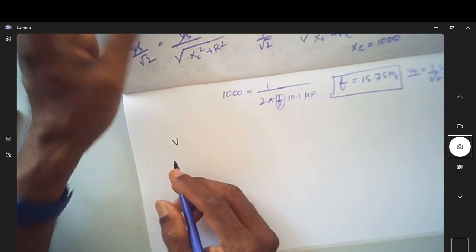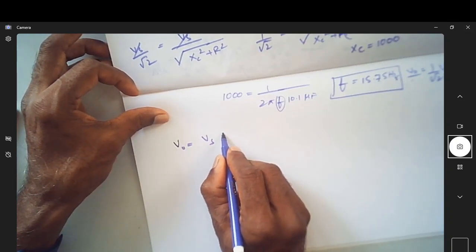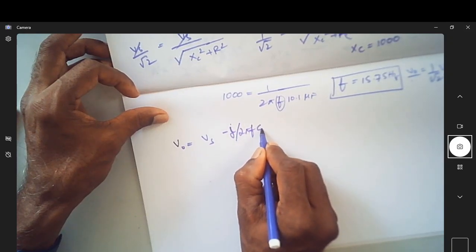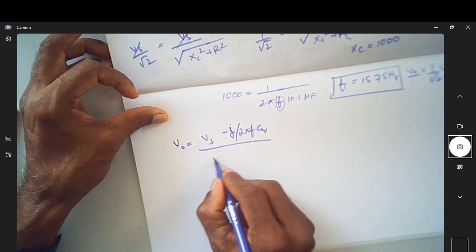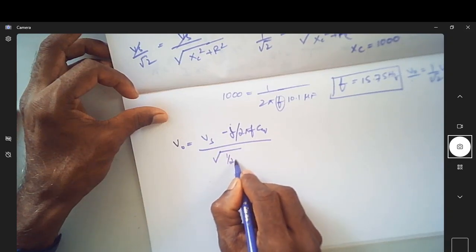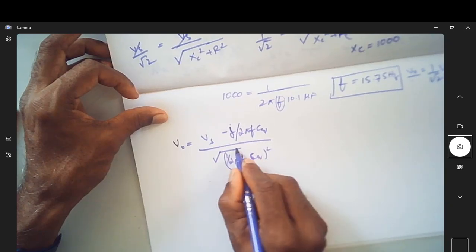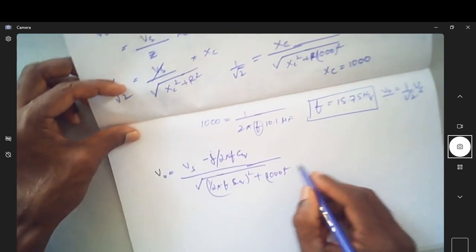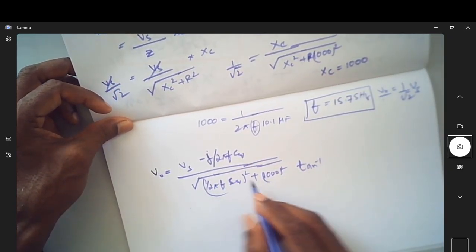V0 is equal to Vs times XC, which is minus j 1 over 2 pi F C equivalent, divided by the square root of, 1 over 2 pi F C equivalent whole square plus 1000 whole square. The phase part of this is tan inverse of XC by R.